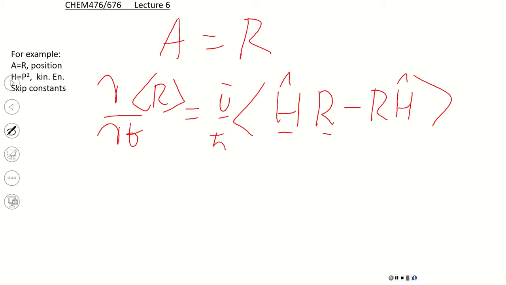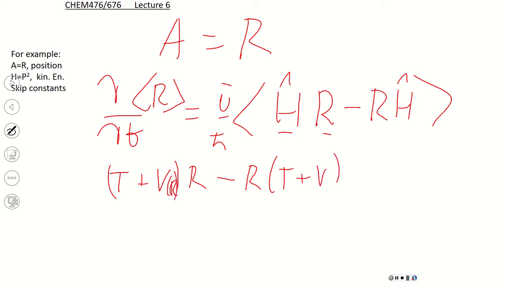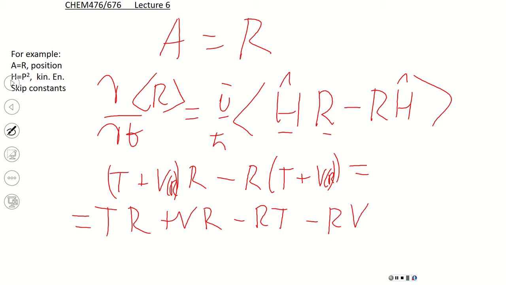So the Hamiltonian is kinetic plus potential. And potential does depend on position. Therefore, the terms T R, V R, R T, R V. So the terms that depend on the same variable as polynomials will drop.